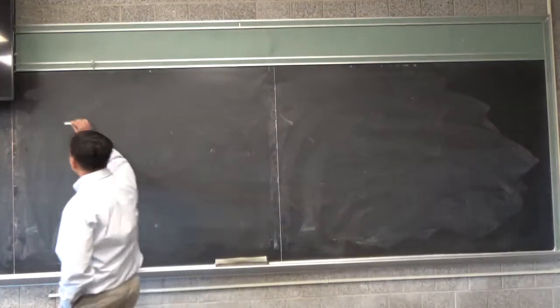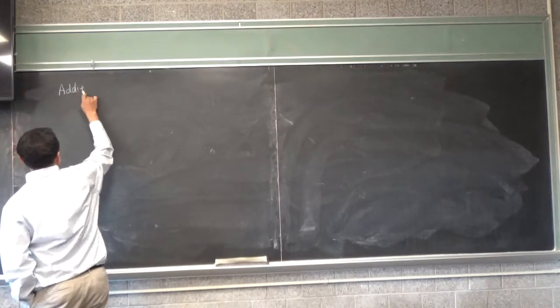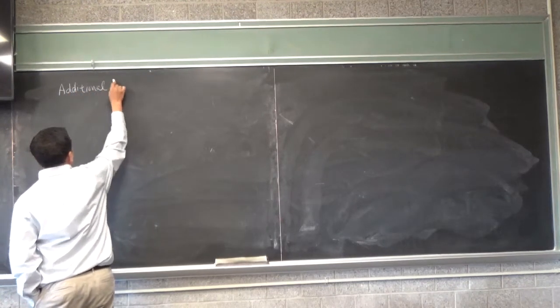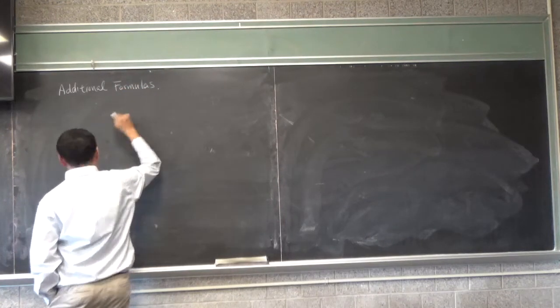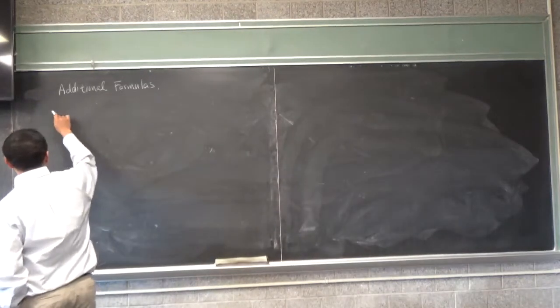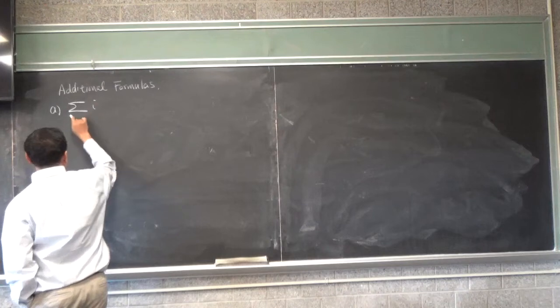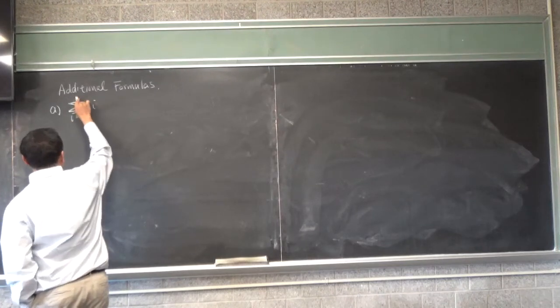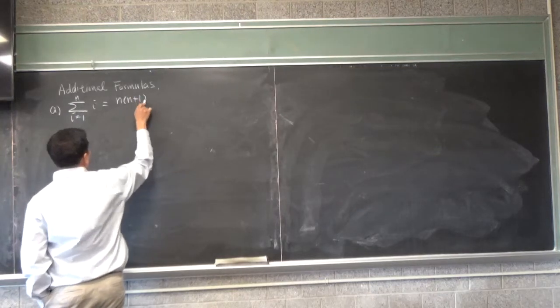Right, some more additional formulas. So first, the summation of i from 1 through n is n times n plus 1 over 2.